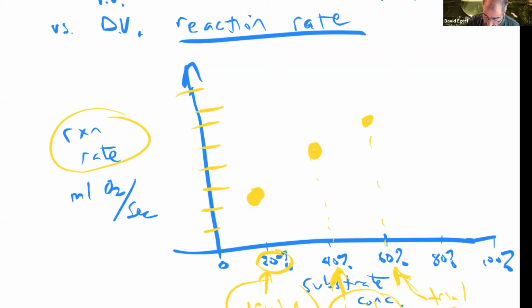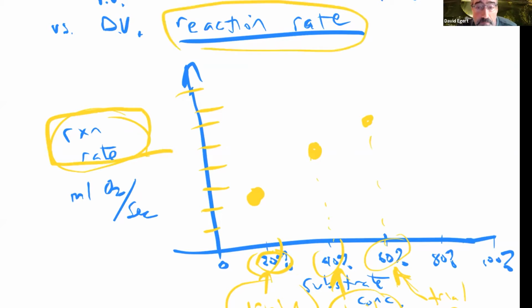For each of these trials, there's this involved process to get the reaction rate, which is what we really want. What you were measuring in lab on Tuesday, the volume of oxygen, was not what we ultimately care about. We care about using that information to figure out the reaction rate on that trial.